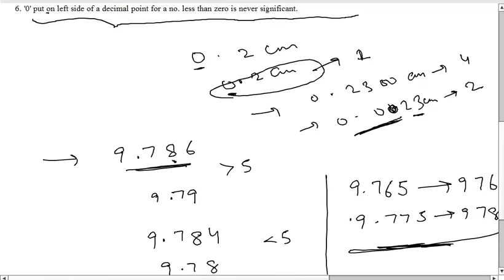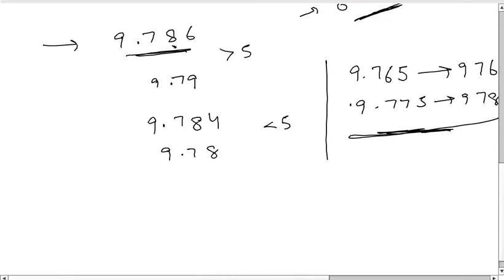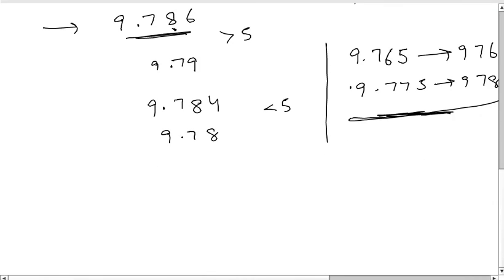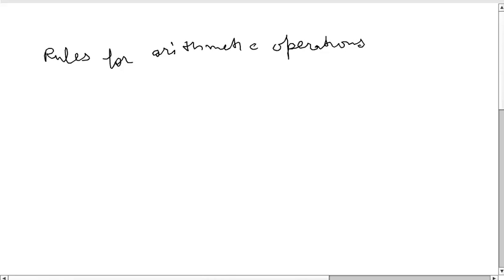Okay. Then guys, we are going to discuss now what are the rules of arithmetic operations with significant figures. That is, when we need to add, just write down rules for arithmetic operation with significant figures.